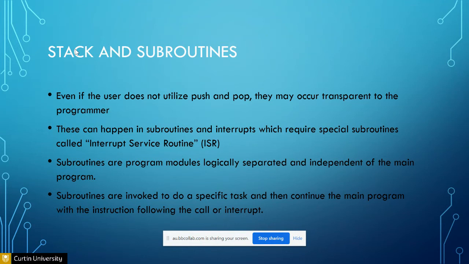In this case we need an interrupt because the user pattern is unpredictable. The user can come in to key in something at any point. That's why you need to use an interrupt service routine.